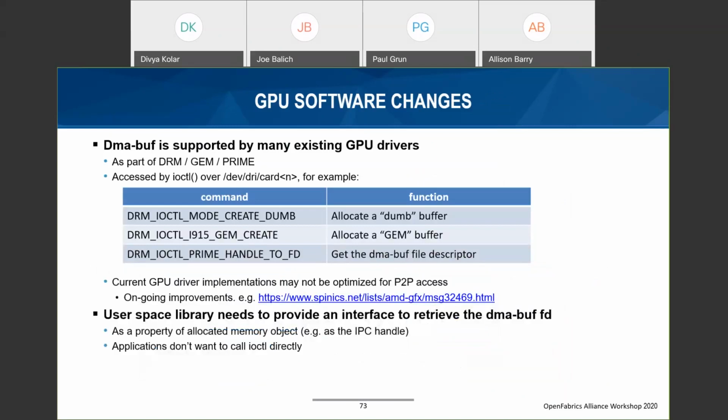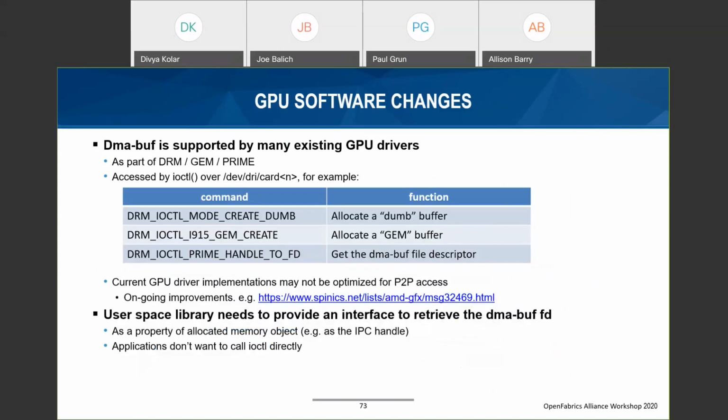To do this, we have to make changes at several layers of the software stack. From the GPU software side, the DMA-Buf is already supported by many existing GPU drivers. Mostly they are a part of the DRM GEM and PRIME interface.